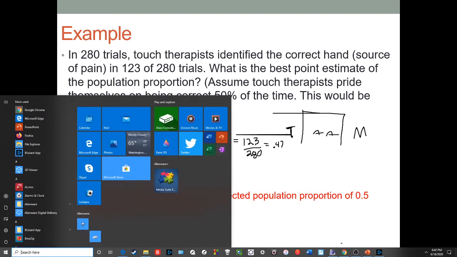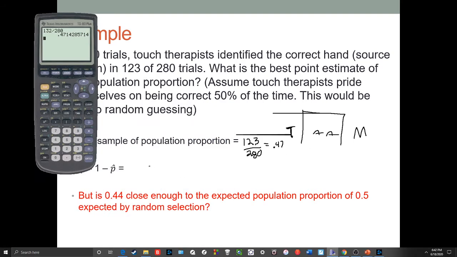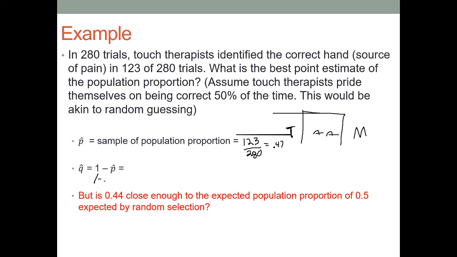So they were correct about 47% of the time, which means that they were wrong 1 minus 0.47, roughly 53% of the time, so 0.53. Okay. So they have a 47% success rate as our best point estimator, and a 53% failure rate as our point estimator.